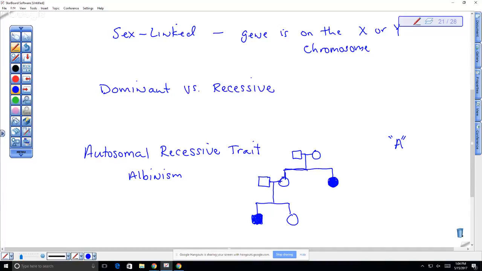I put a little legend in there because this helps me remember. So big A means that is normal, because it's a recessive trait. So the dominant allele is going to code for normal. The recessive allele is going to code for albinism. Okay. So this would be generation 3, number 1. What is his genotype?